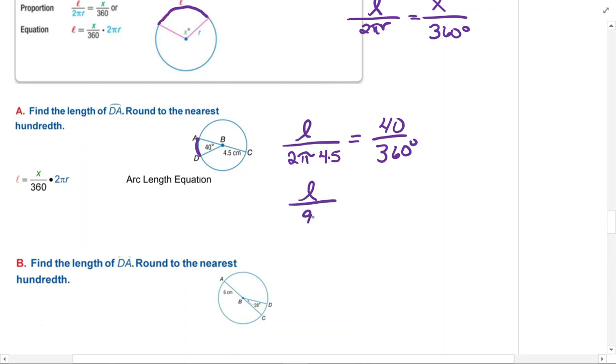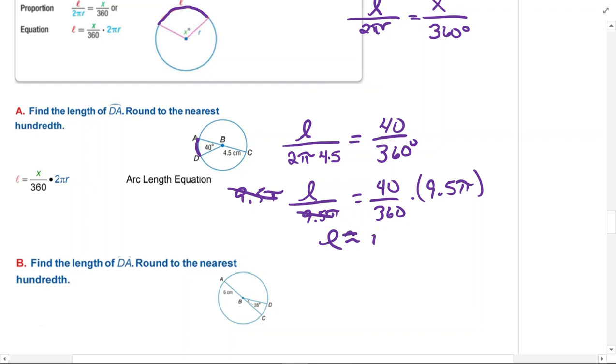So we have 9 pi equals 40 over 360. Multiply both sides by 9 pi. We'd have that the arc length is exactly pi. So the length is pi, which is approximately 3.14.